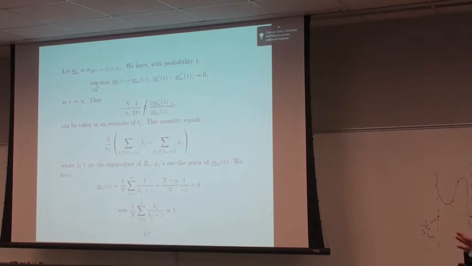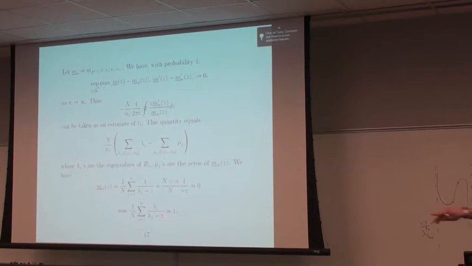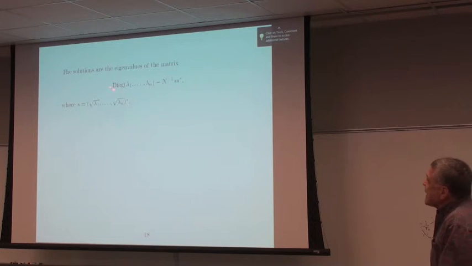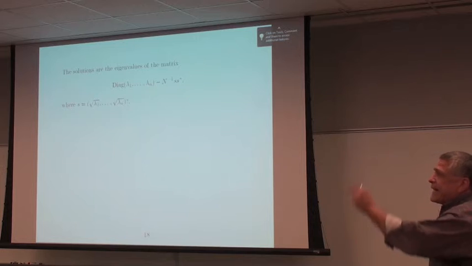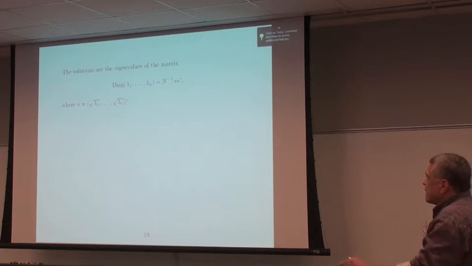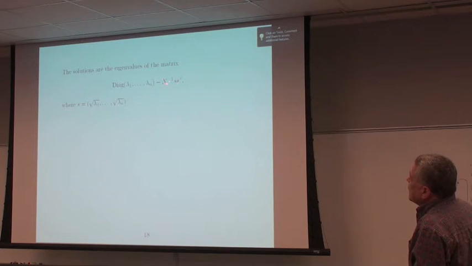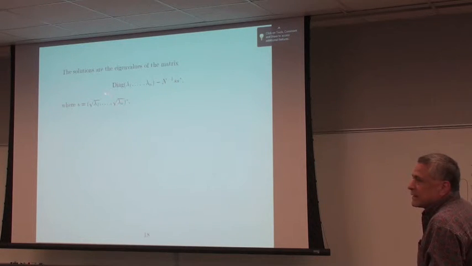And anybody that's worked with updates of rank 1 matrices, I remember, as soon as I saw that, I realized, hey, those are the eigenvalues of a matrix where you're updating something. Without going into any details, the solutions of those are actually the eigenvalues of this matrix: the diagonal matrix consisting of the eigenvalues minus 1 over capital N times the outer product of the square roots of these things.